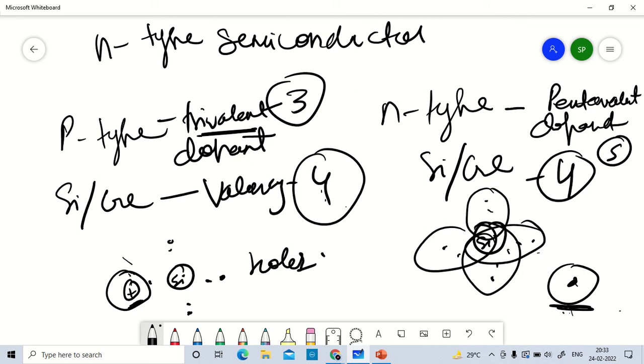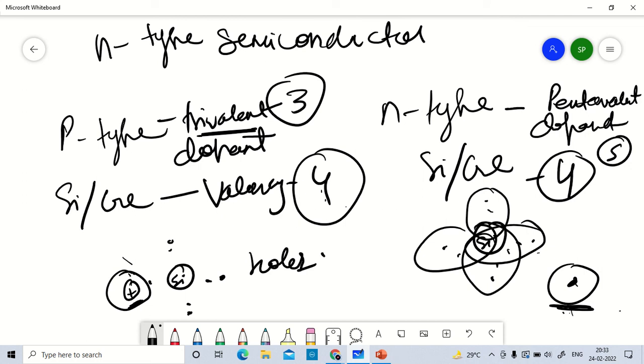Suppose we dope silicon or germanium with a pentavalent element. When an atom of plus 5 element occupies the position of an atom in the crystal lattice of silicon, 4 of its electrons bond with 4 of silicon neighbors, while the fifth remains weakly bound to its parent atom. This is because the 4 electrons participating in bonding are seen as part of the effective core by the fifth electron.